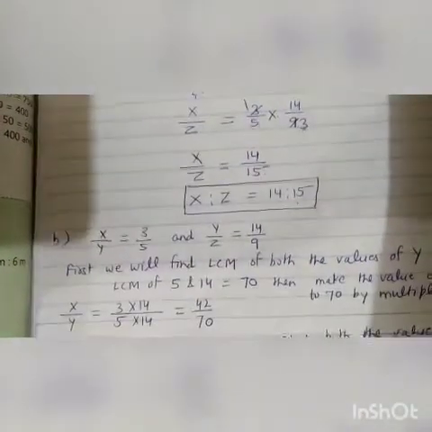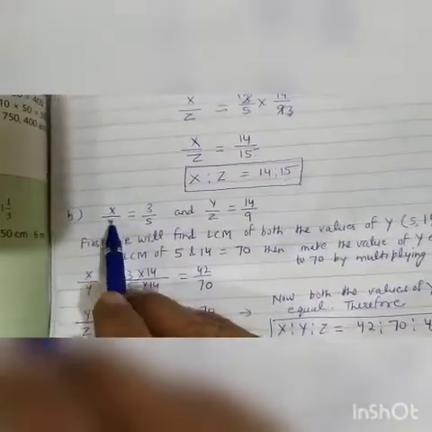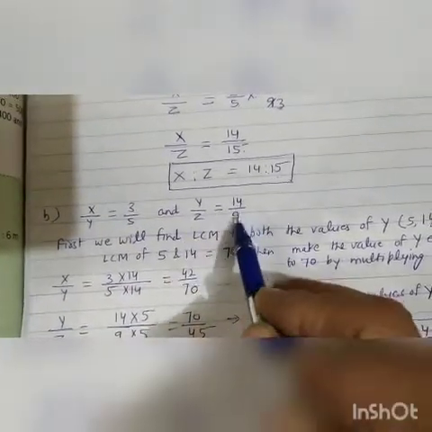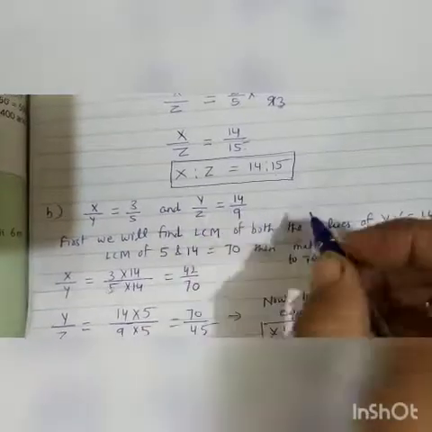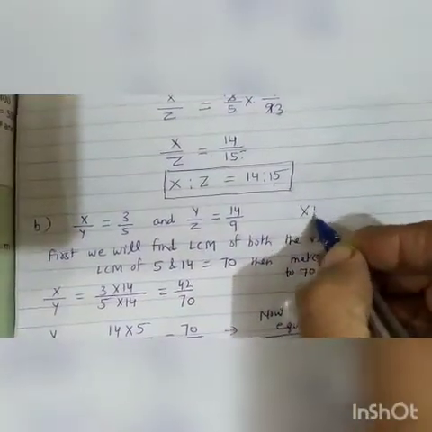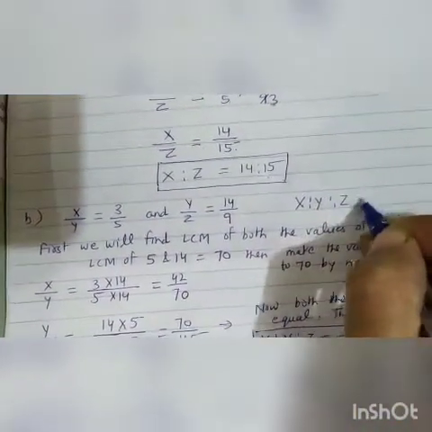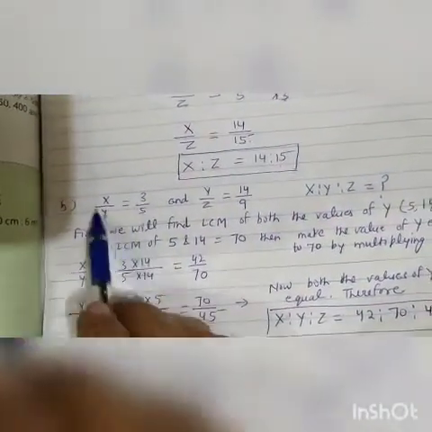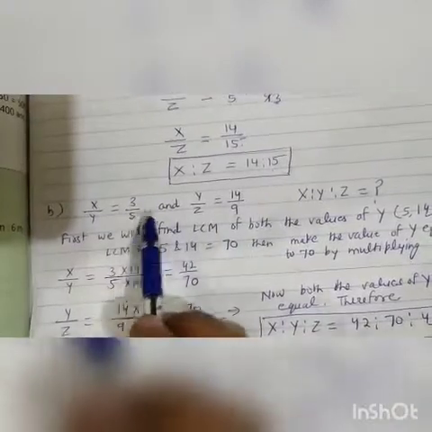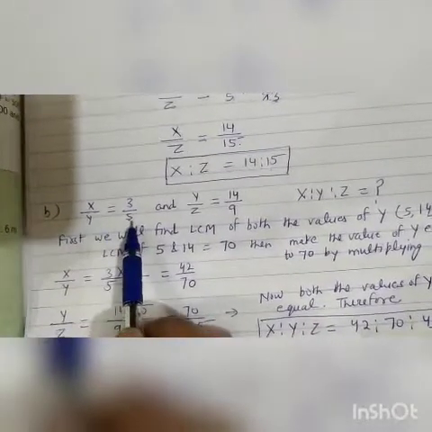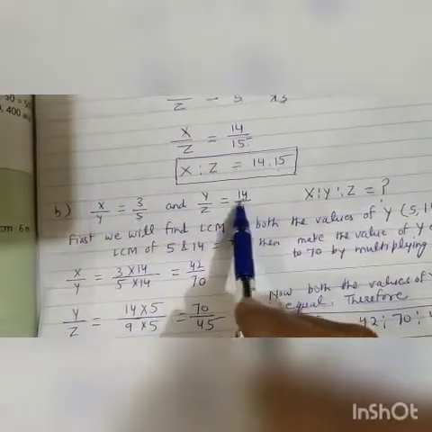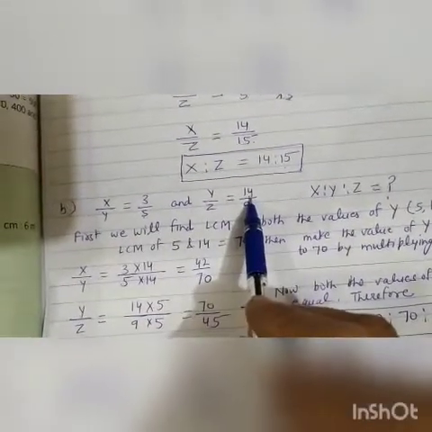Next part, B part. Again x upon y is equal to 3/5 and y upon z is equal to 14/9. And we have to find x ratio y ratio z. See here, in these two terms, the ratio of y is 5 here and the ratio of y is 14 here. Both the ratios are different.